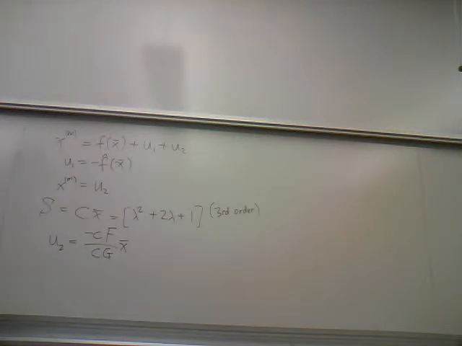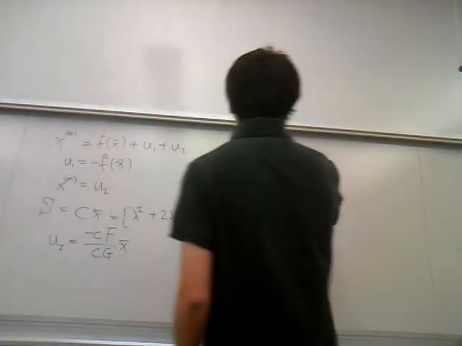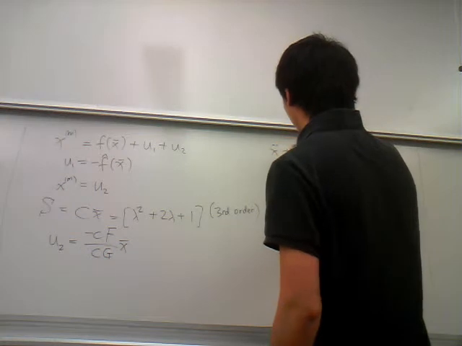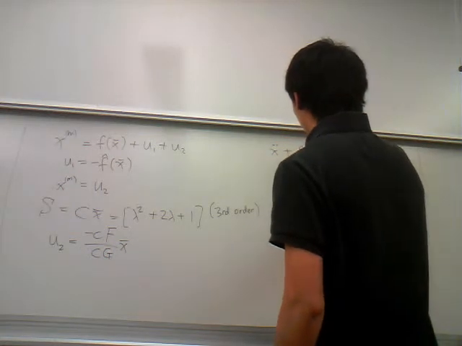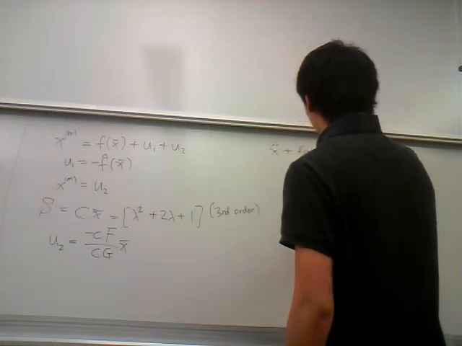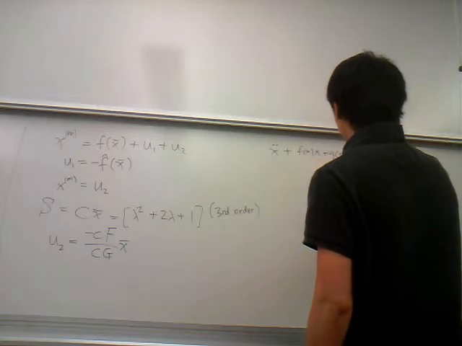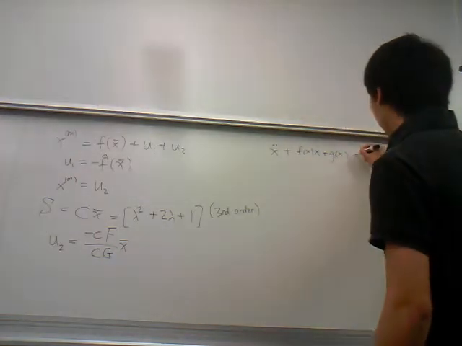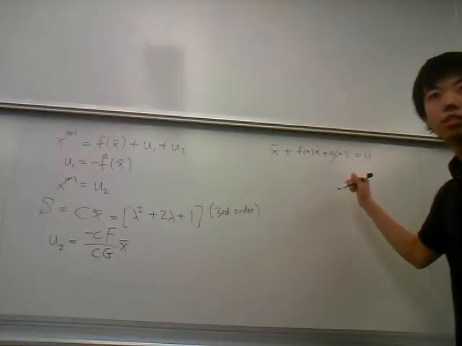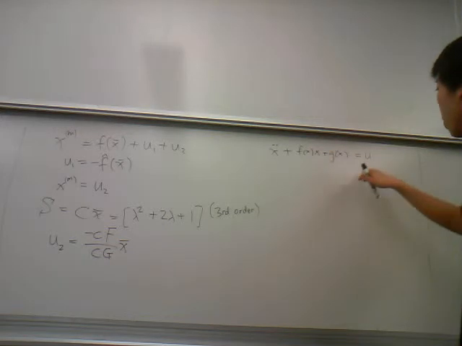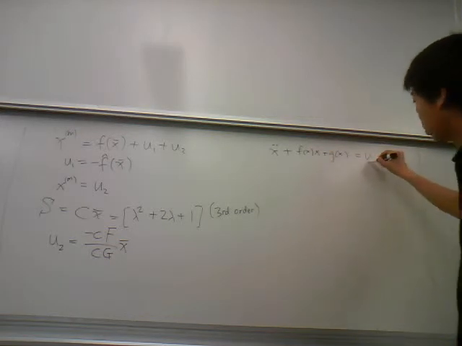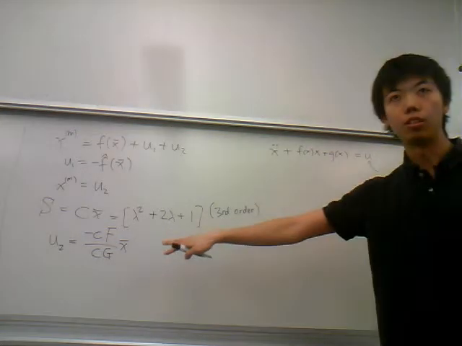Just like when we had our linear systems before, we had x double dot plus some type of x dot plus g equal to some u, right? Like, this is how we're designing our controller. Okay, I see.